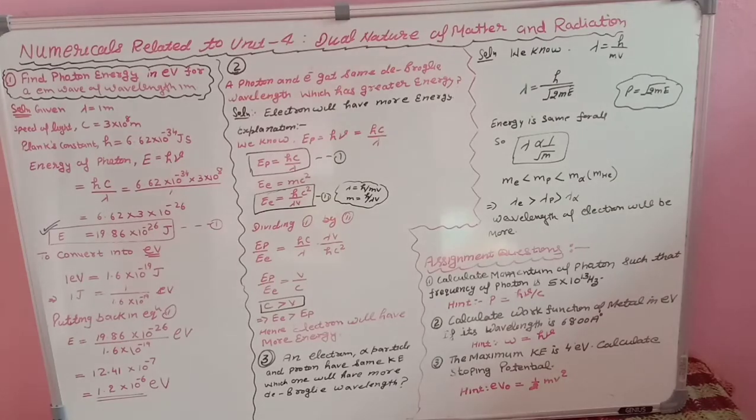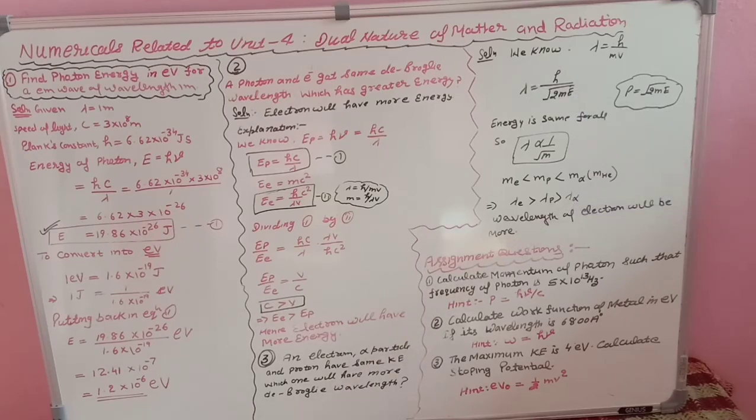Okay, so you know that the mass of electron is very small, 9.1 into 10 raised to minus 31 kg. Mass of proton is a little more than electron, it is 1.67 into 10 raised to power minus 27 kg.